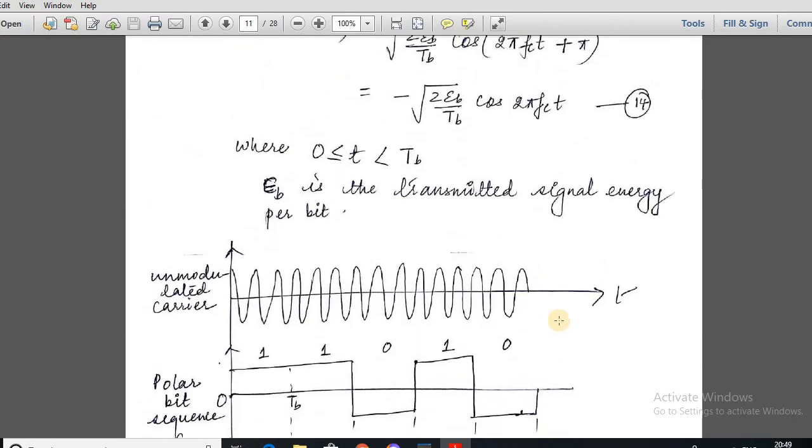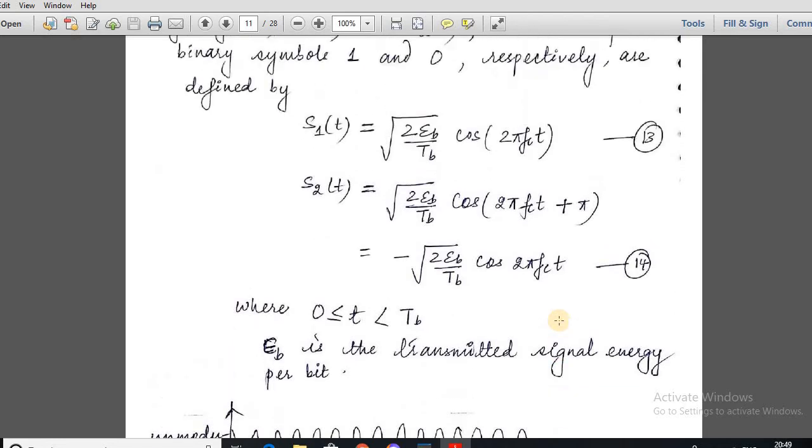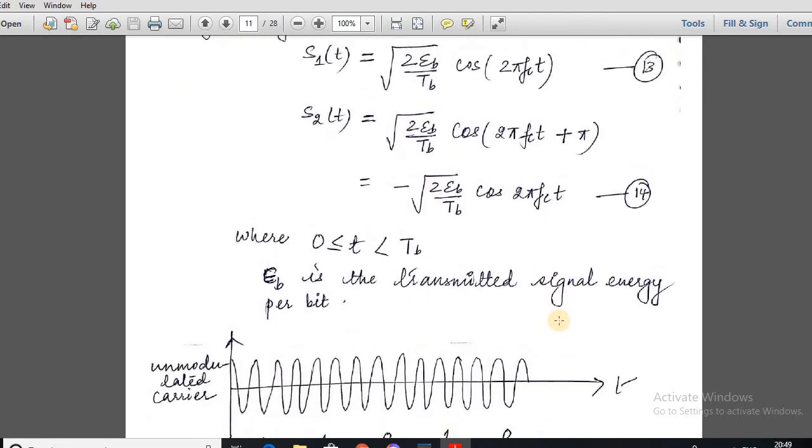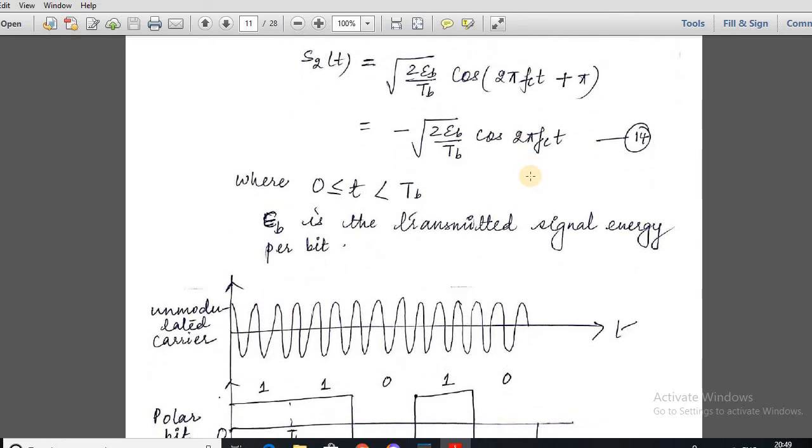Now we can rearrange the modulated signal and write it in terms of signal coefficient and carrier function, the way we were doing it for ASK. Now if you look at S1 of t and S2 of t, the two symbols represented in the BPSK waveform, both have a carrier cos 2 pi fct. So there is only one carrier, hence BPSK is also a one dimensional modulation technique.